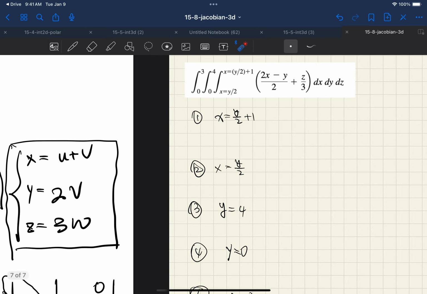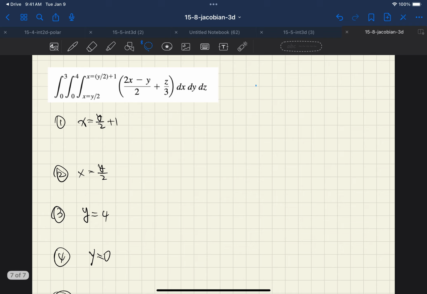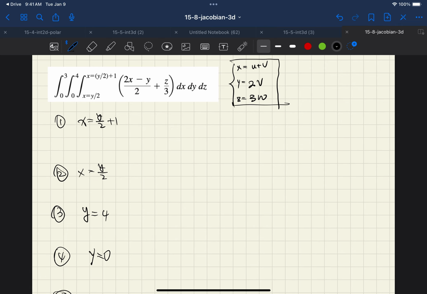And now the transformation I'm going to use is this. We want to see what kind of object we may have by using this transformation. So here x means u plus v, and x equals y over 2 plus 1 means u equals 1.